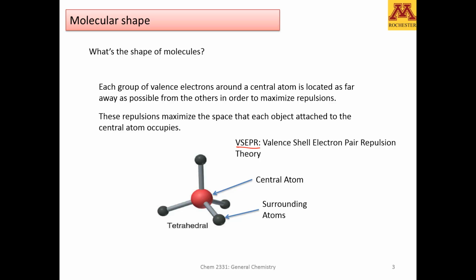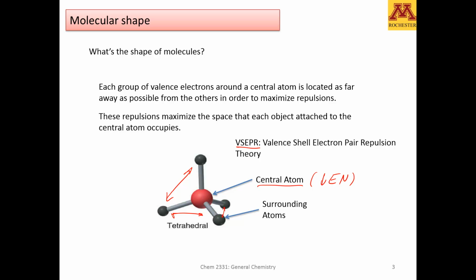The basic principle is to identify a central atom, which usually is the least electronegative, will go in the center, and place the surrounding atoms as far away from each other as possible. Sometimes we will see that these surrounding atoms are actually lone pairs, but the idea is to place the surrounding atoms or surrounding lone pairs as far away from each other so that they minimize the repulsions.